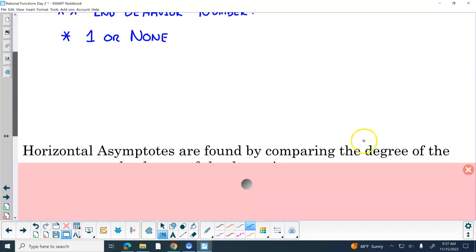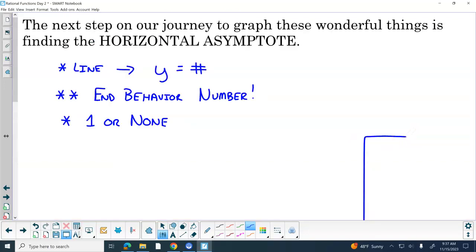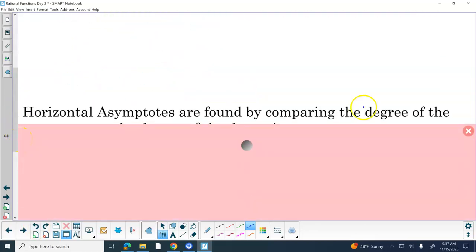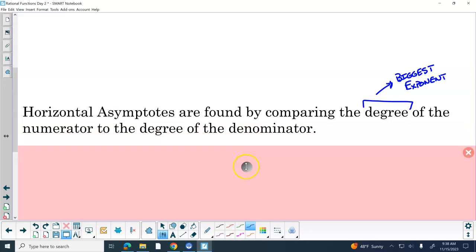So remember that degree. The degree is the biggest exponent. Okay? So we're going to compare degrees of the numerator and the denominator. So we're going to look at the biggest exponent on the top, and we're going to compare it to the biggest exponent on the bottom.